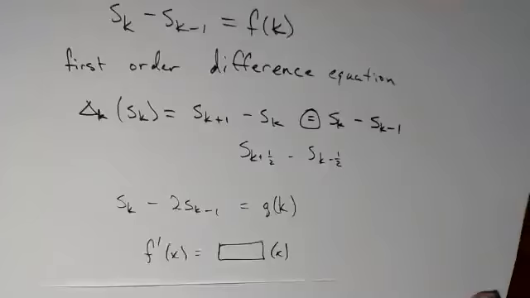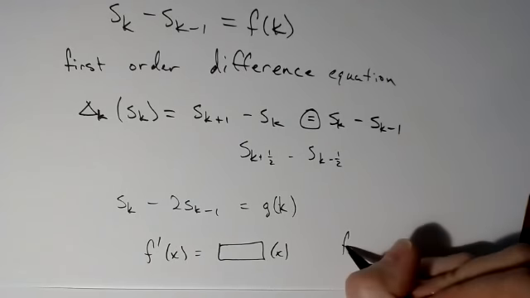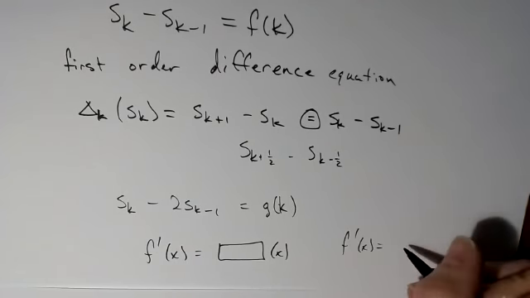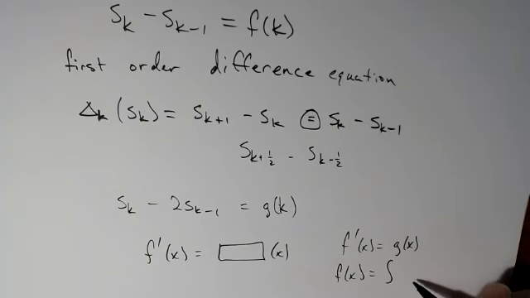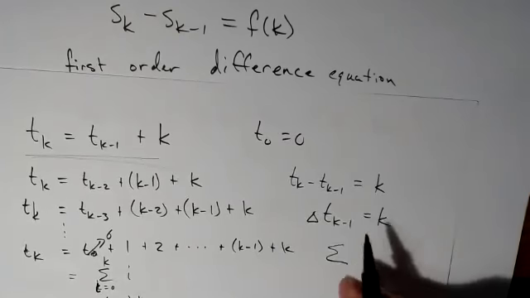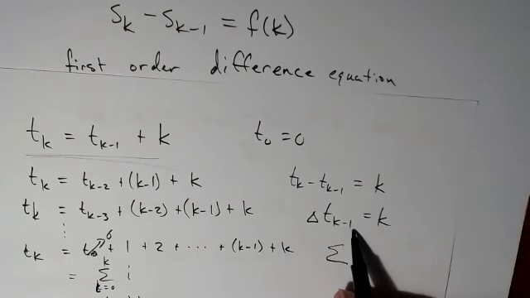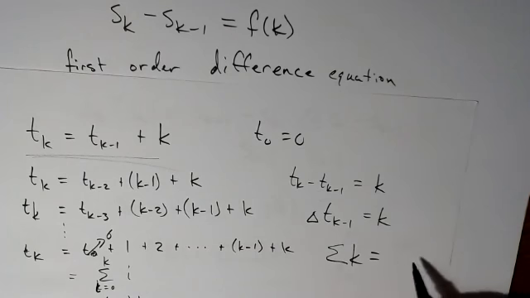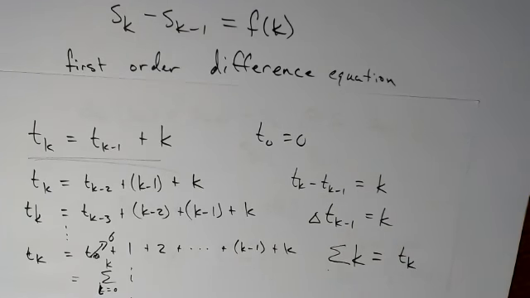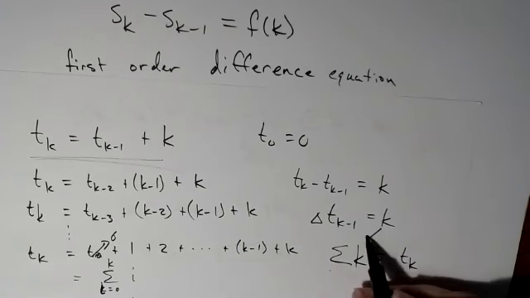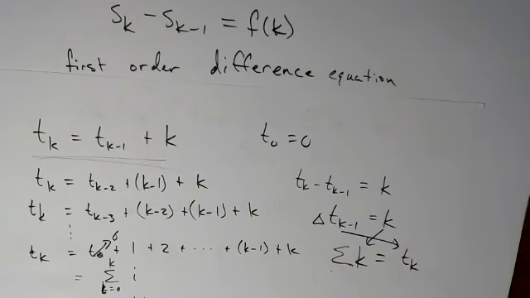So you would solve a simple f prime of x equals some g of x by saying f of x is an antiderivative of g. And when you have delta t_{k-1} equals k, then the sum of k equals t_k in some way, shape, or form here. I'm fudging the notation. I'm not trying to show you exactly what to do, but we're going to sum this thing in order to figure out what our sequence was.